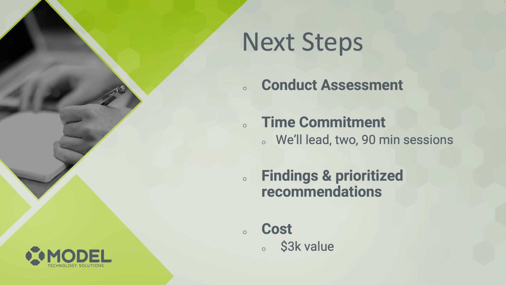So the next steps for our maturity model, if you're interested in having an assessment done, it's 2 90-minute sessions plus a pre-engagement questionnaire. It flows like this. We will send a questionnaire. You'll fill out a bunch of questions that we have to prep the conversation. And in there, you'll have the information required to go through the 2 90-minute sessions.